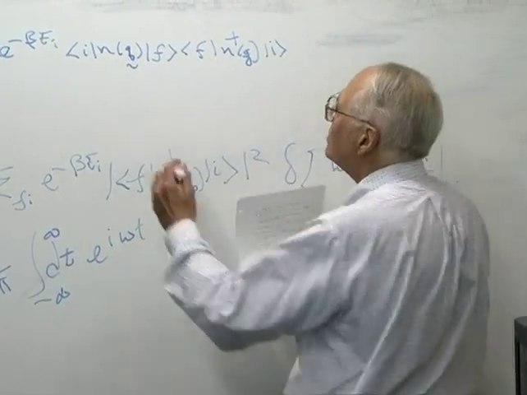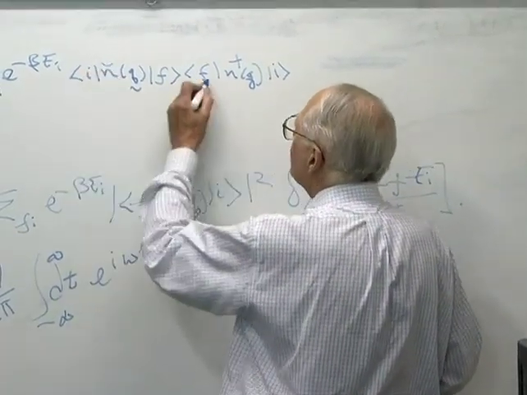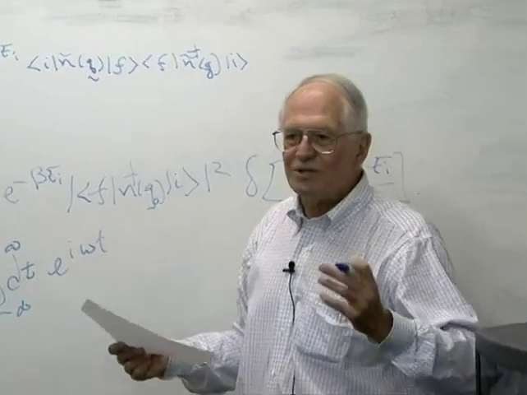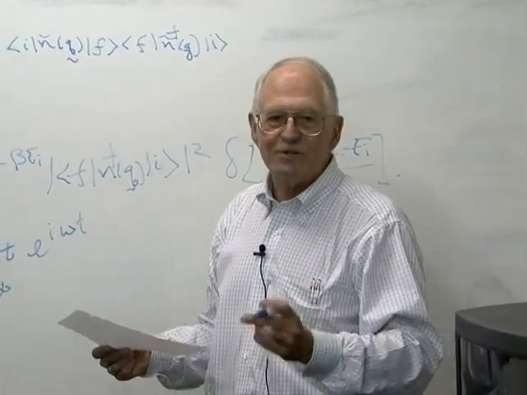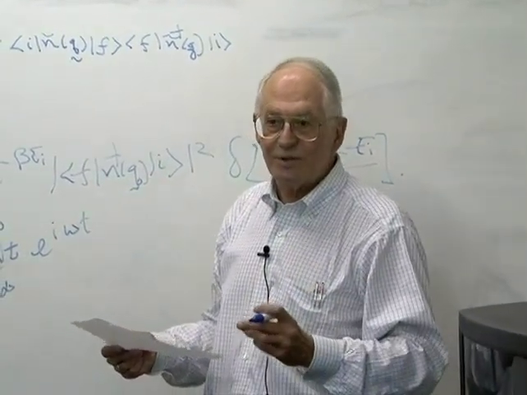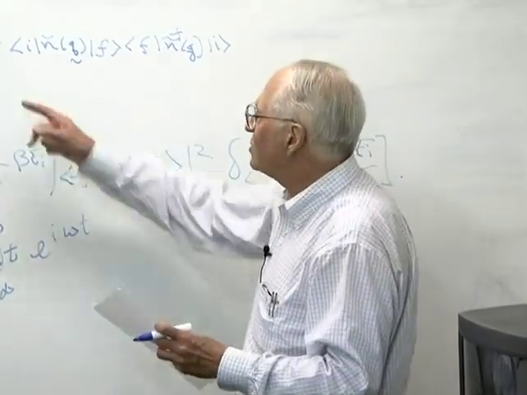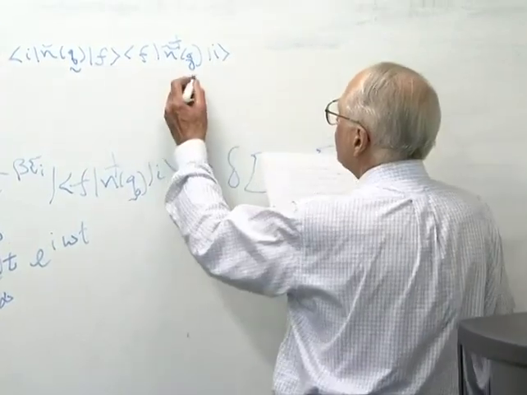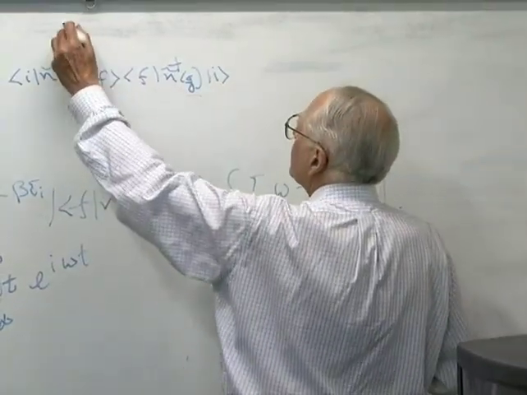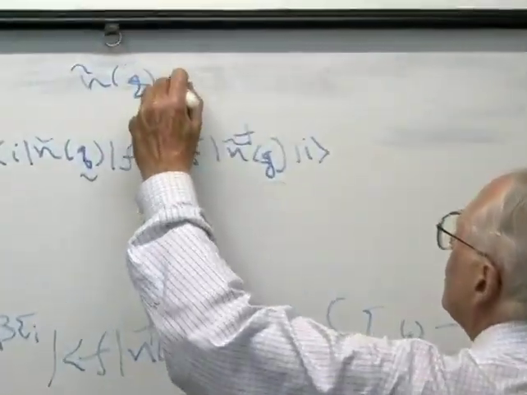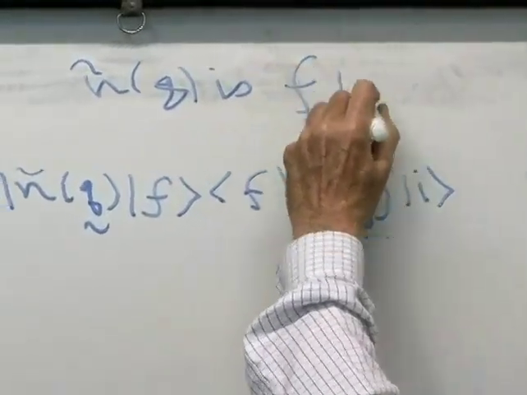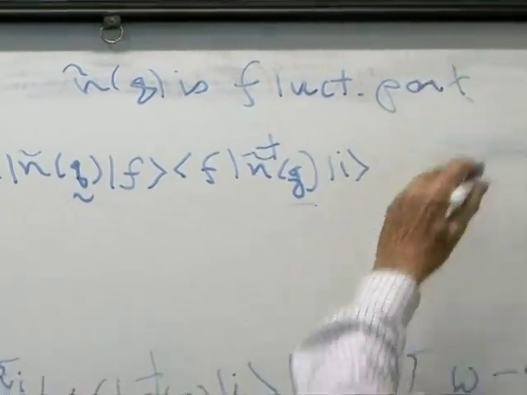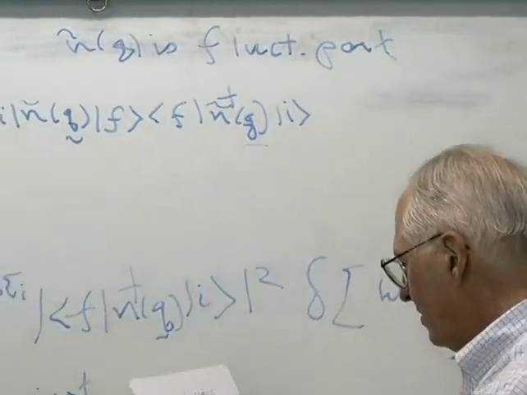So I'm going to put the tildes on here to mean this is the fluctuation part, because the spatial average is uniform, and the Fourier transform of the average only contributes to q equals 0. So only the fluctuation part enters if q is non-zero here. Okay? So n tilde of q is the fluctuating part, because that's the only physically relevant part.